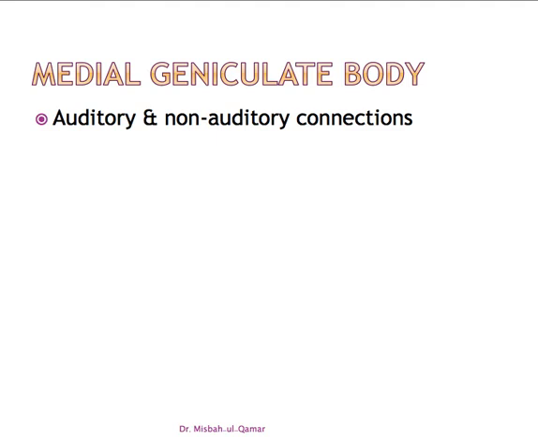Now this ventral part gives projections to the auditory cortex, and it helps in tonotopic organization. Dorsal and medial have both auditory and non-auditory connections. And what is their function? They play a role in arousal, which is actually attending the auditory stimuli.